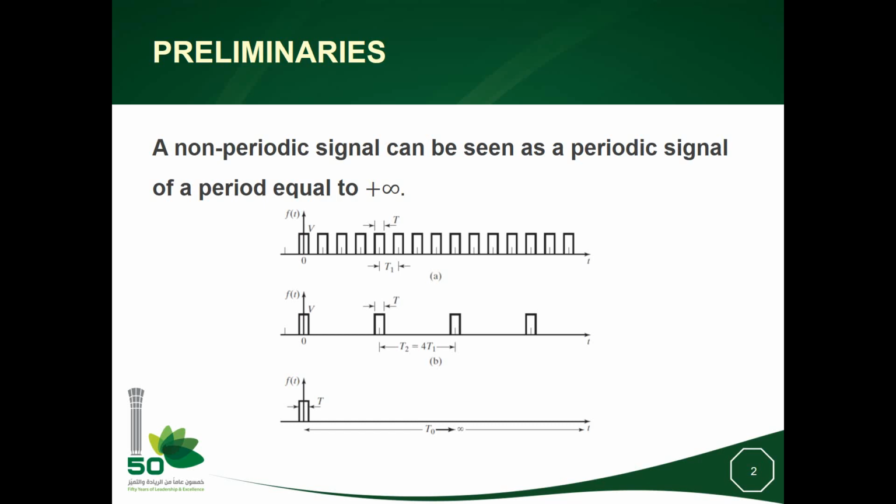So we can see f(t) of a short duration, capital T, as a non-periodic function, or a periodic function of a period equal to plus infinity. So we can say that a non-periodic signal can be seen as a periodic signal when the period T0 goes to plus infinity.